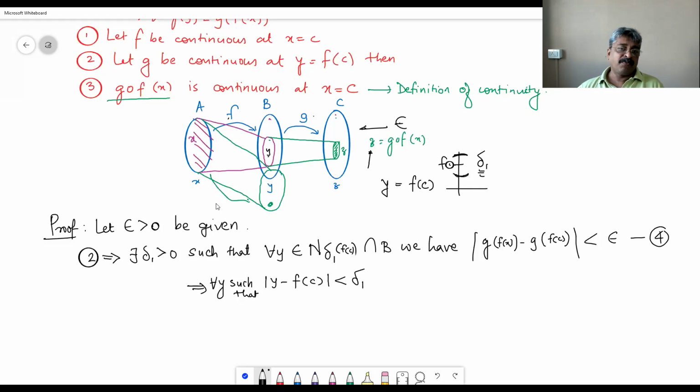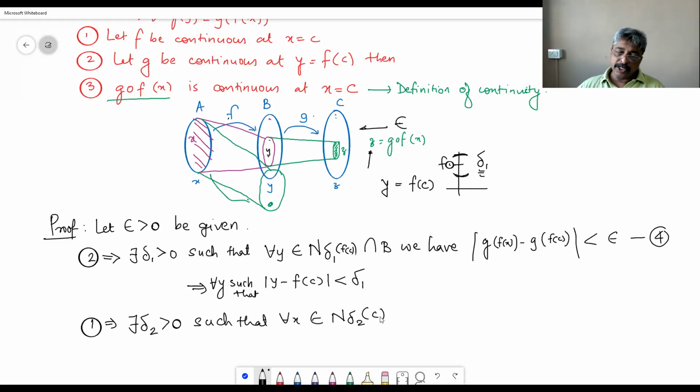Understand this, okay? So therefore, my first statement, 1, will imply there exists delta 2 greater than 0 such that for every x belonging to the delta 2 neighborhood of c intersection A, we have |f of x minus f of c| is less than delta 1.